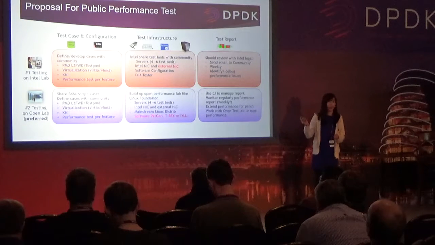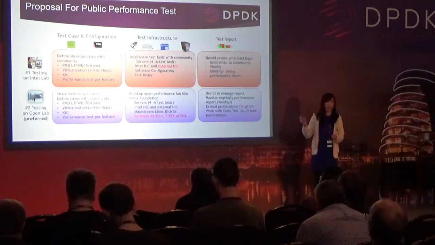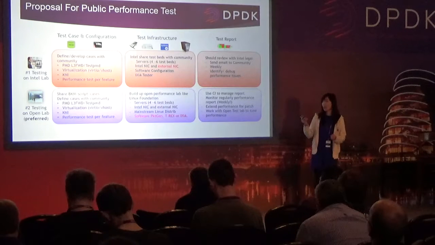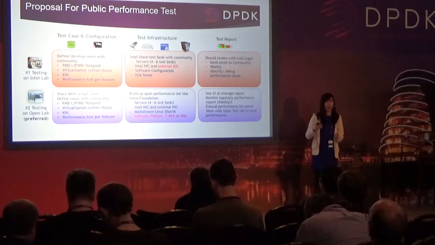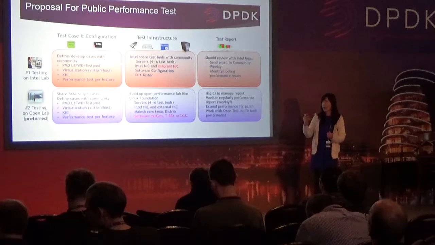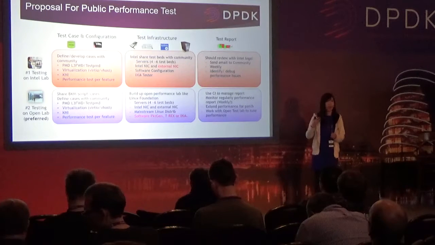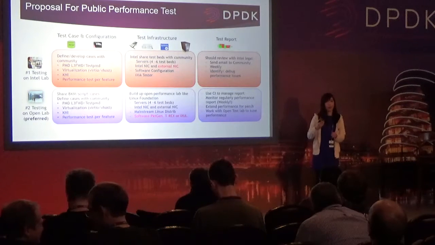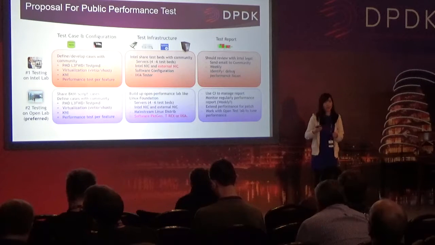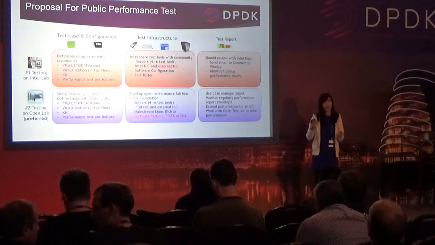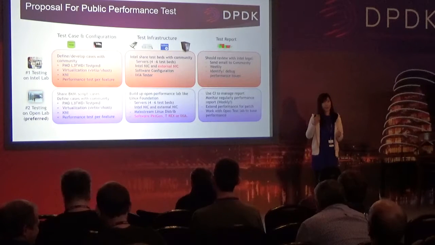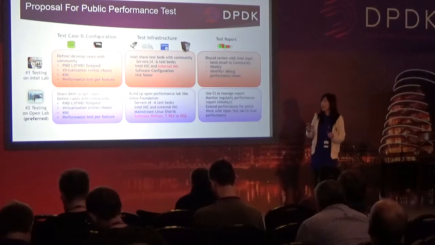And also the software packet generator, T-Rex. I personally prefer using a software packet generator for the performance regression, since we can't afford so many hardware ports to do the regression performance testing.